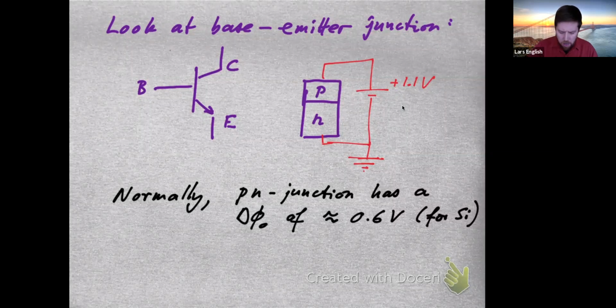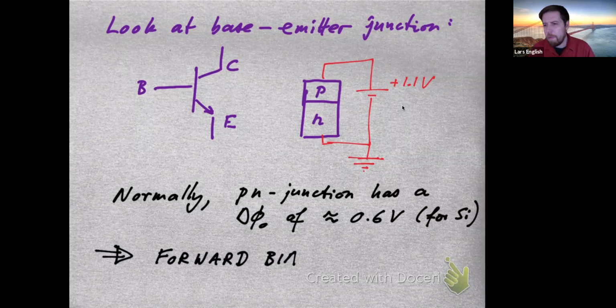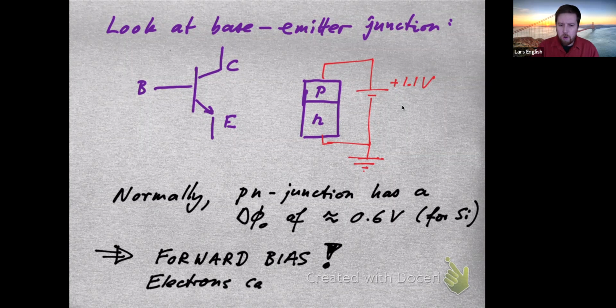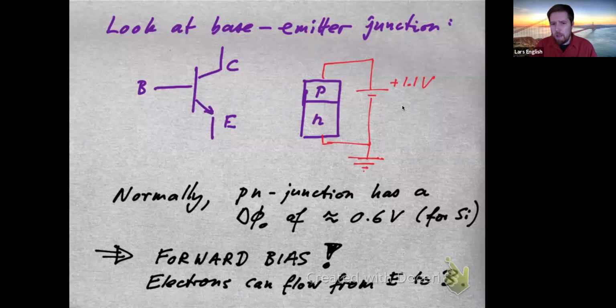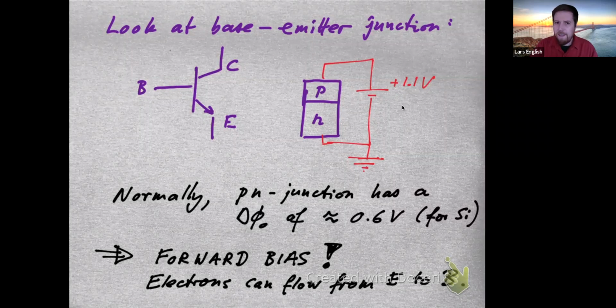So we're clearly forward biased here. And so the electrons should be able to flow across that junction, from the emitter to the base.